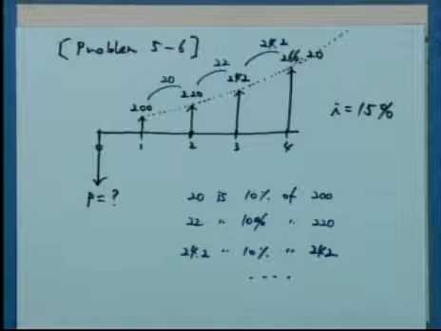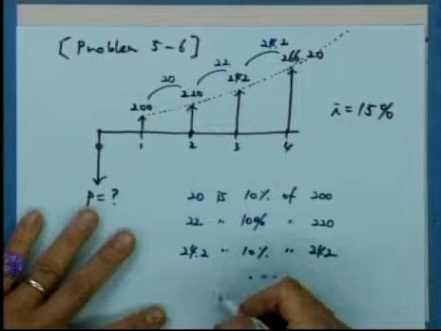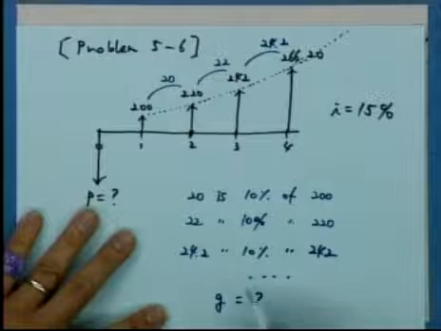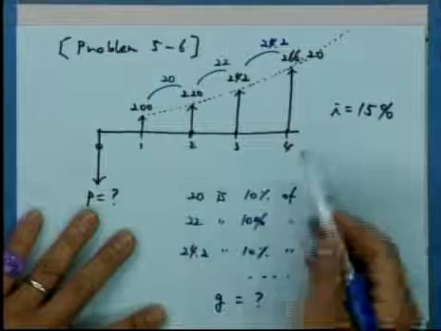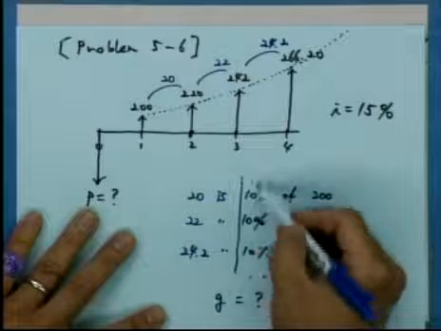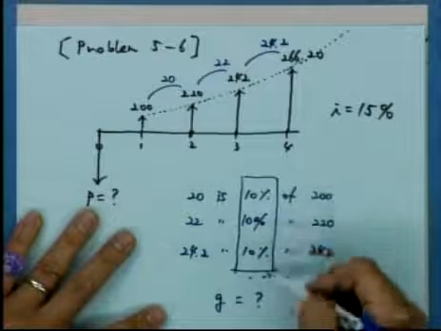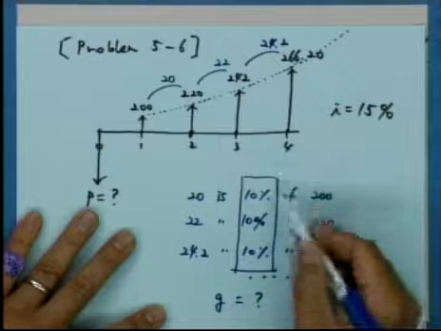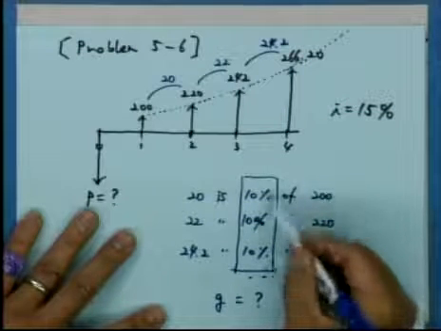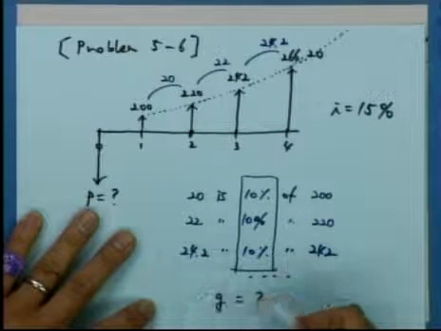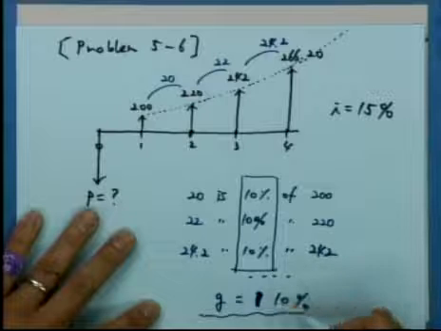So, what is the value of G? What is the constant growth rate per period? That is 10%. That is the constant growth rate, right? Constant amount of changes, which is 10%. So G is 10%, okay?